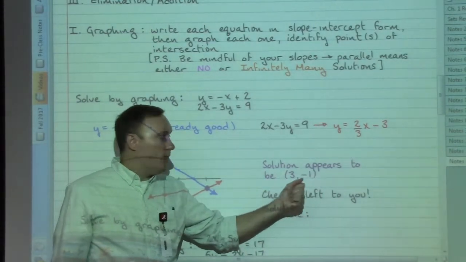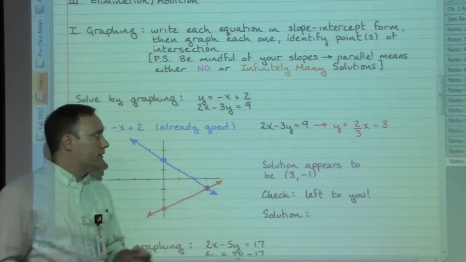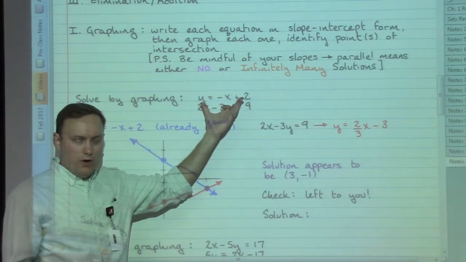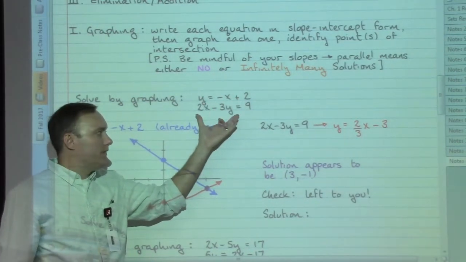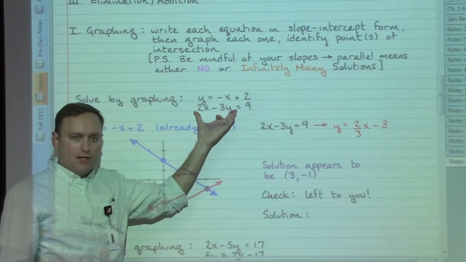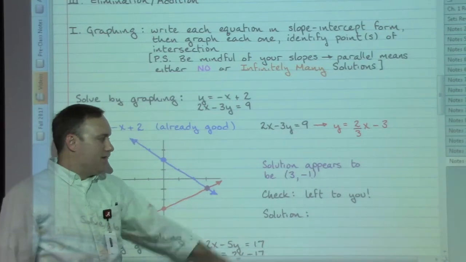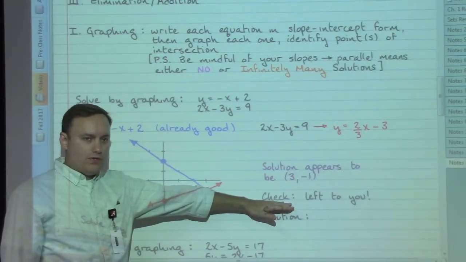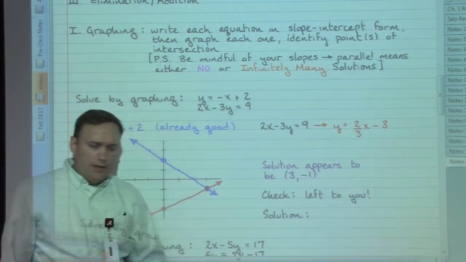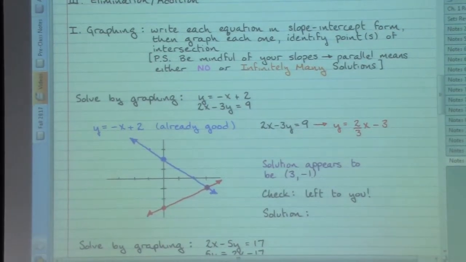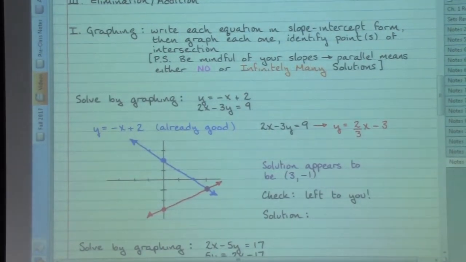So we can take that point, like that earlier example that we did, plug it into the first equation, yes or no, it works or it doesn't. Take that same point, plug it into the second equation, yes or no, it works or it doesn't work. If it does in fact work in both of them, which I leave to you to do, then we can verify for ourselves that we do in fact have the solution and that it is correct.